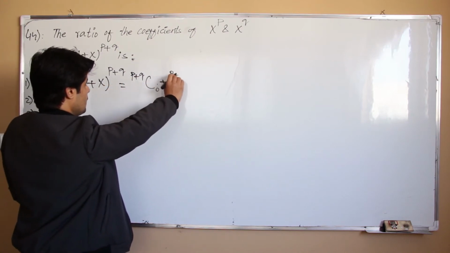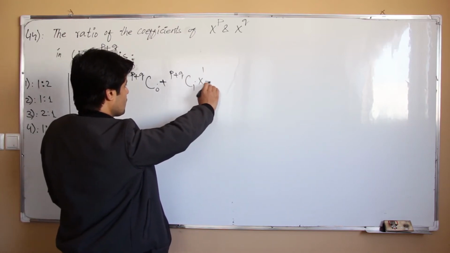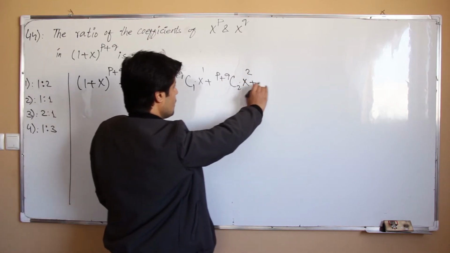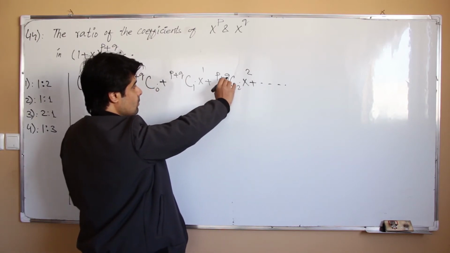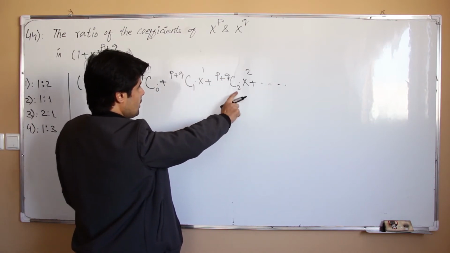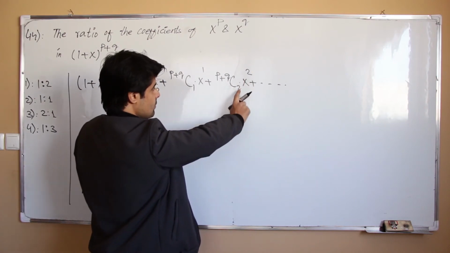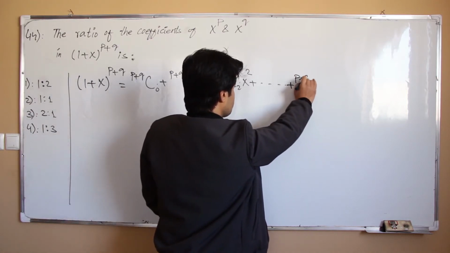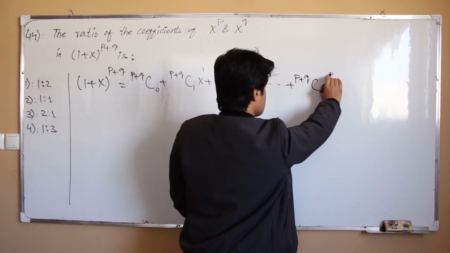Plus (p plus q) C1, x to the power 1, plus (p plus q) C2, x to the power 2, and so on. There is no change in n, but there is a change in r, and r is equal to the power of x. If the power is 2, it is x squared. If it is p, there is no change in p plus q, but r is p, and x to the power is p.